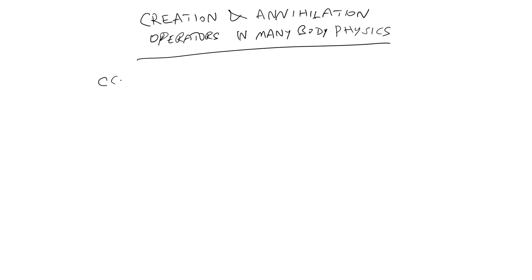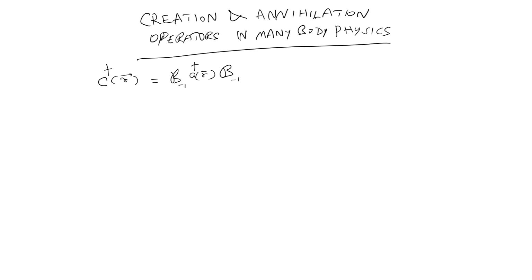Suppose you wanted to create a fermion at a certain point in space, what you would have to do is sandwich the generic creation operator in between two projection operators that basically antisymmetrize the wave function.